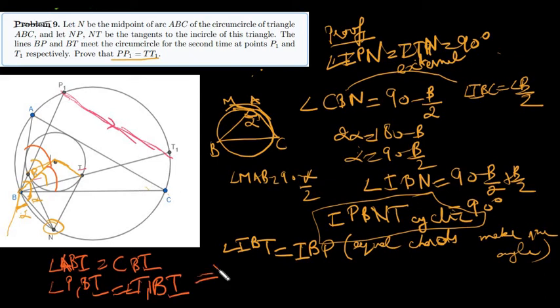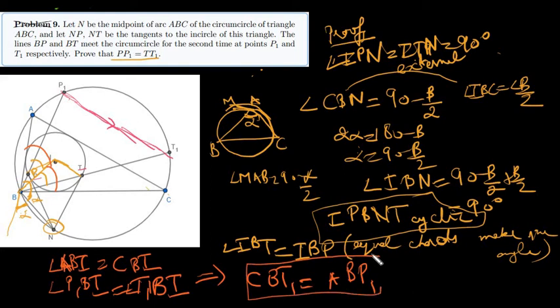So this means that angle CBT1 is equal to angle ABP1. And this is very important. This is almost the last step, because this implies that the angle made by the chords A1, P1 is equal to the angle made by the chords C1, T1. But this means that these chords have to be the same length if their angles are the same.